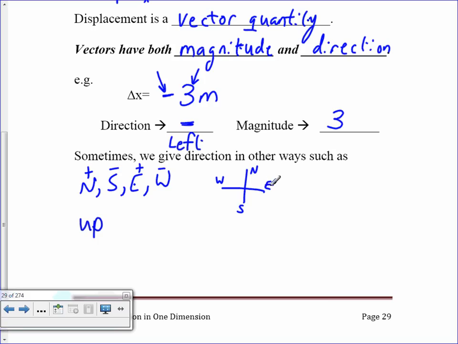So that's sort of like a normal Cartesian coordinate system. We'll also use up, down, left, and right, where up is positive, down is negative, left is negative, and right is positive. These are all used to denote the direction. And so you'll see this in some of your problems, where instead of giving the x direction or the y direction, the direction will be given as left, right, up, down, north, south, east, or west.